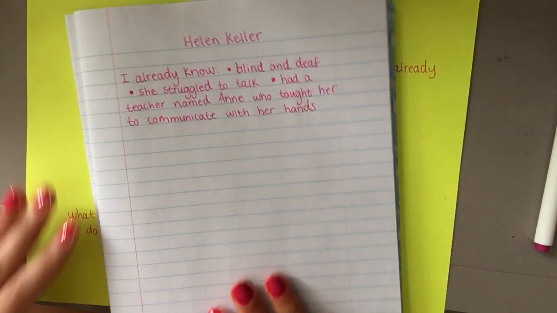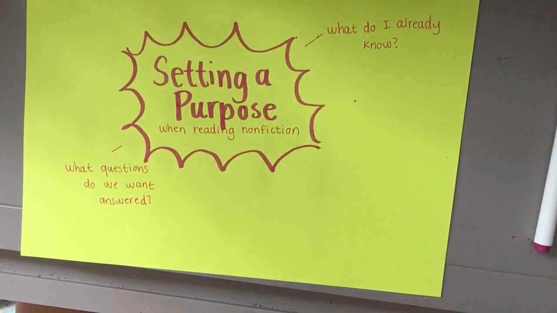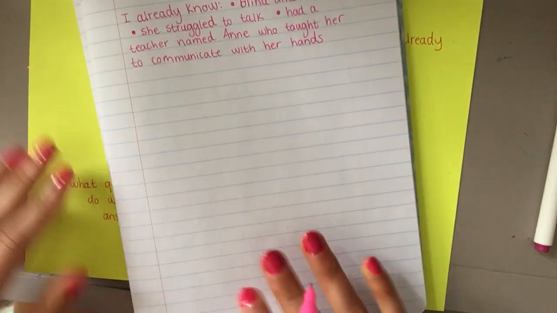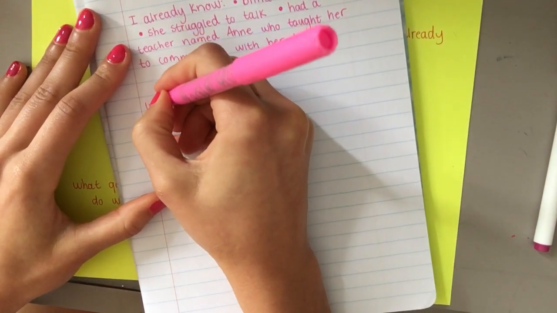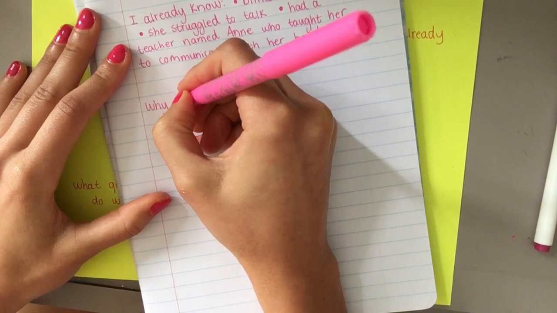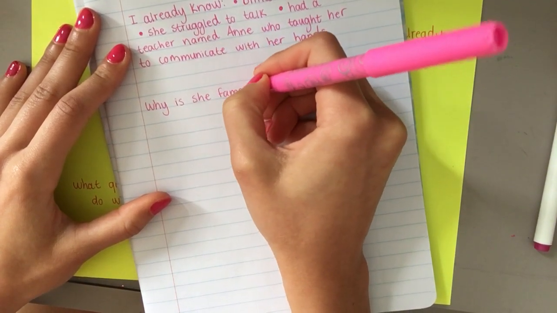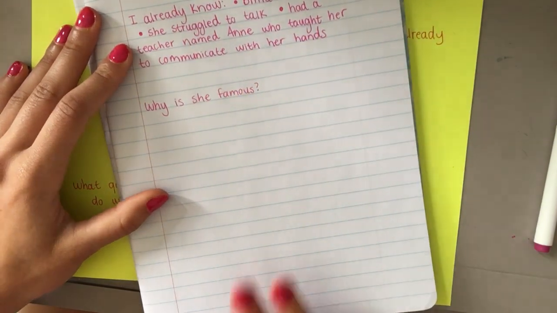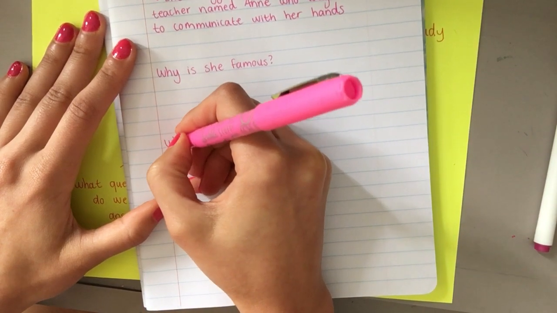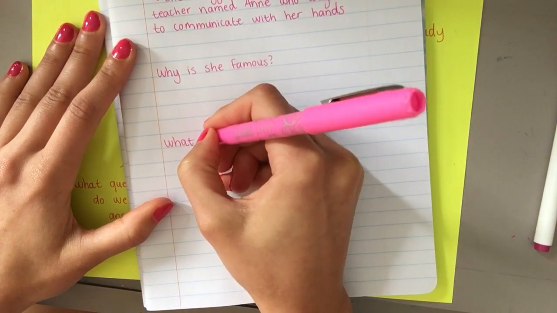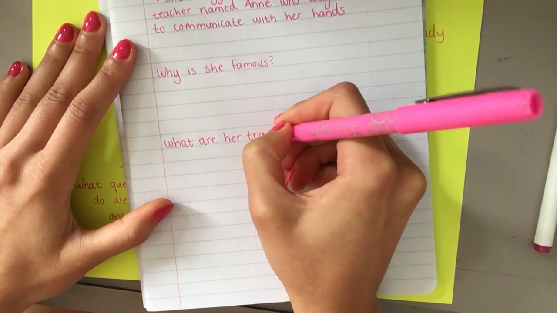Okay, so I've established what I already know. I also need to establish what questions I want to answer today when I'm reading. Well, she's a famous American, so I want to know, why is she famous? I want to figure out why. I also want to know what are her traits?